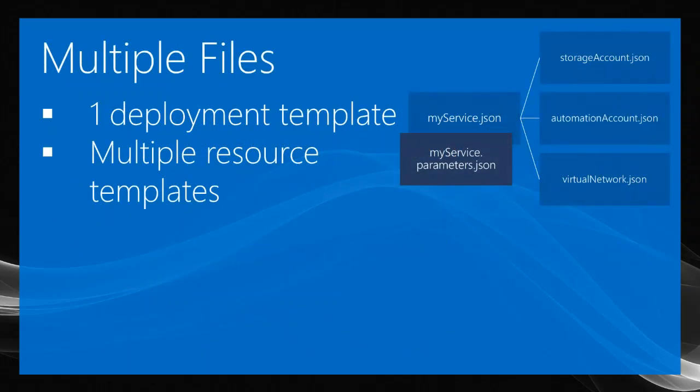As you can see, we have multiple so-called resource templates. So the three examples here, I just picked some resource types. So one to deploy a storage account, one to deploy an automation account, one to deploy a virtual network, but this could of course be anything.